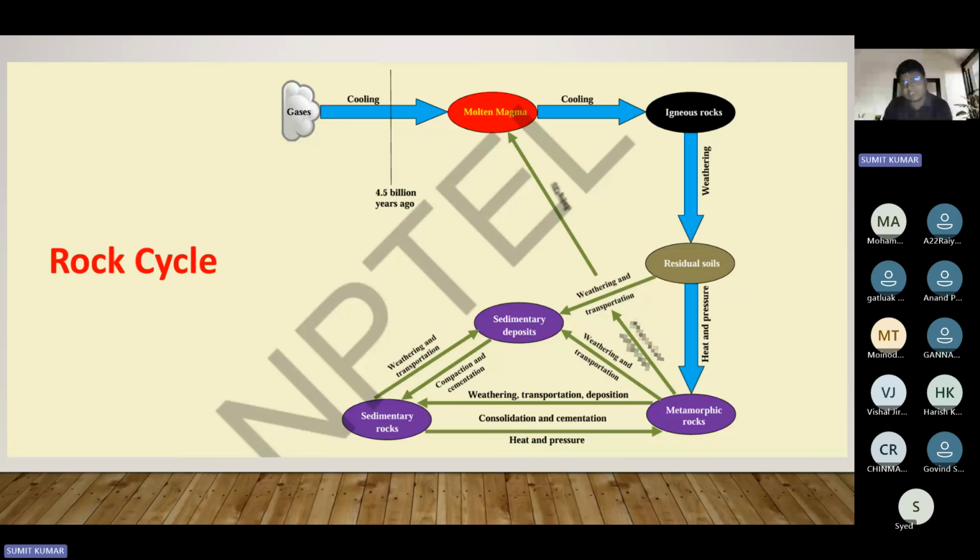Subsequently it converted into igneous rock, and when the igneous rock undergoes weathering, the weathering process which we are going to study, the residual soil forms. After that the residual soil under heat and pressure gets converted into metamorphic rock. Residual soil also, on weathering and transportation, forms sedimentary deposit, while the metamorphic rock on weathering and transportation is also converted into sedimentary deposit.